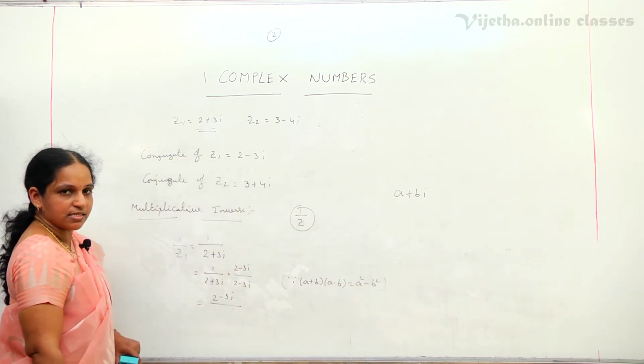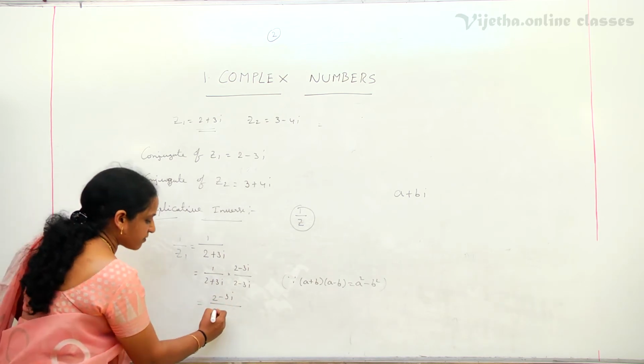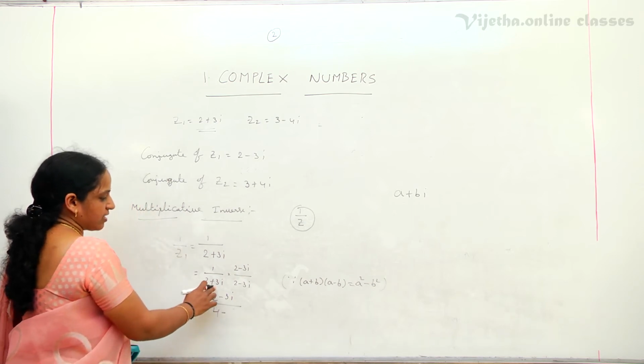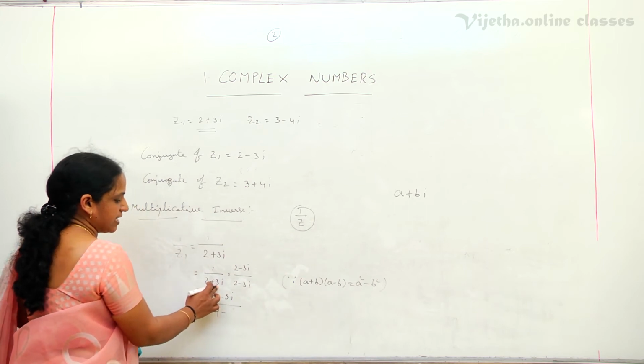a square minus b square. Here a is 2, so 2 square is 4, minus b square. What is the b value here? Comparing with the formula, b is 3i.